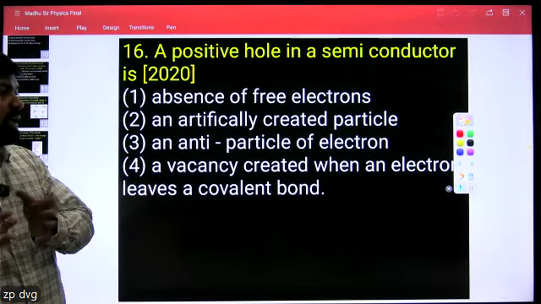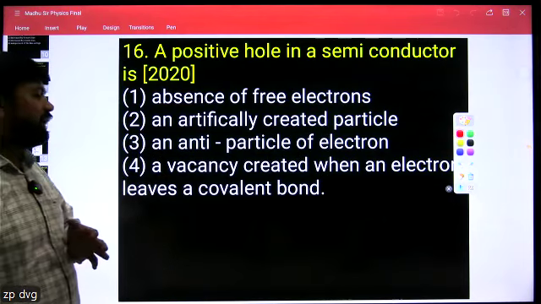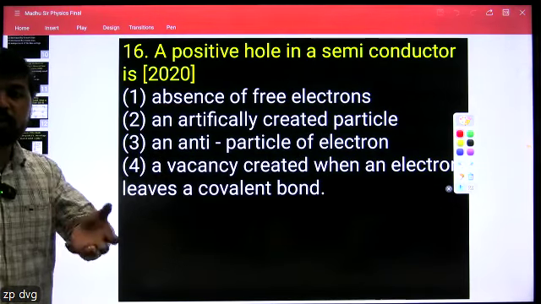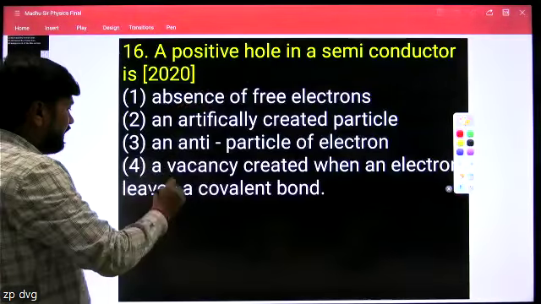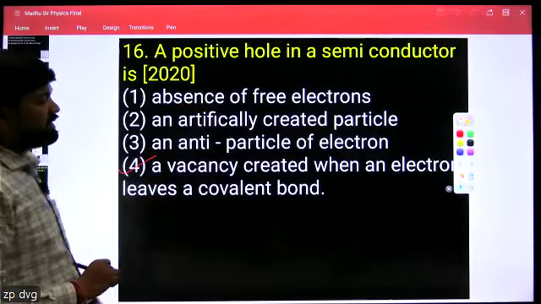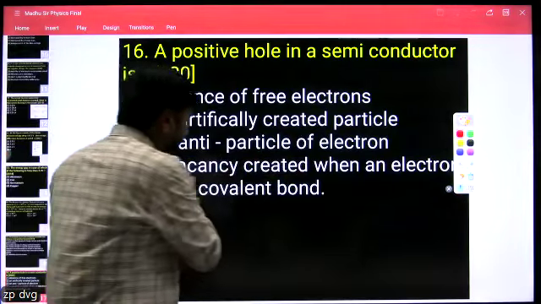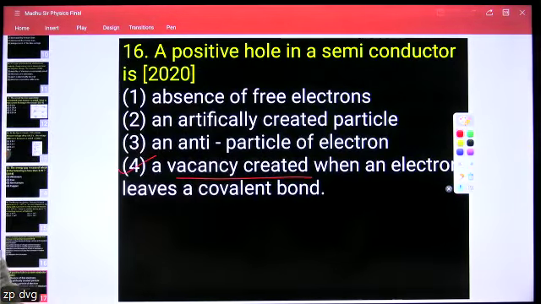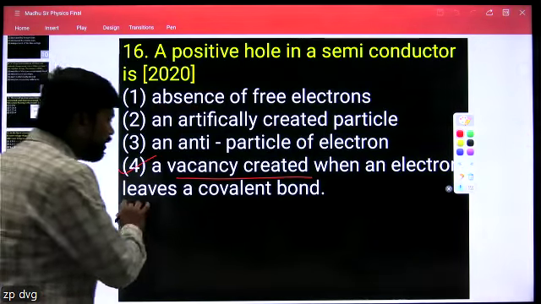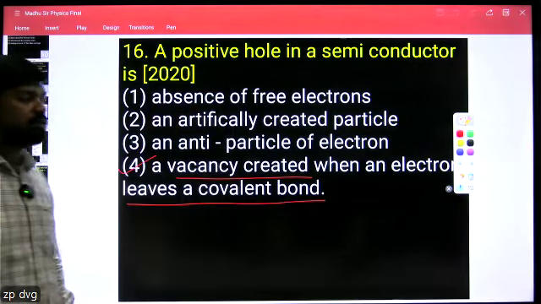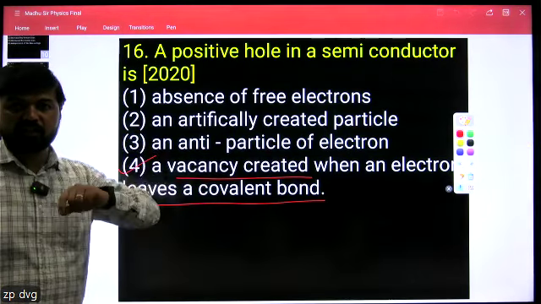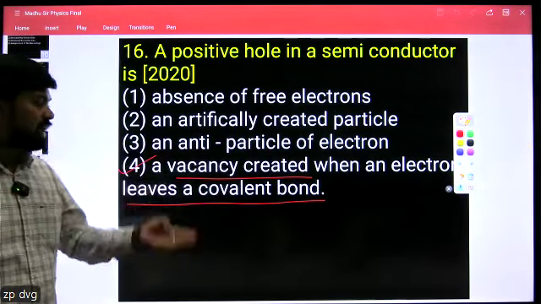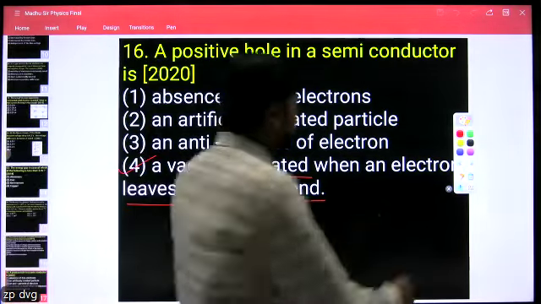That vacancy creates a positive charge, the hole. A positive hole in a semiconductor is a vacancy created when an electron leaves the covalent bond. Hole is an imaginary charge. Option 4 is right. The next question.